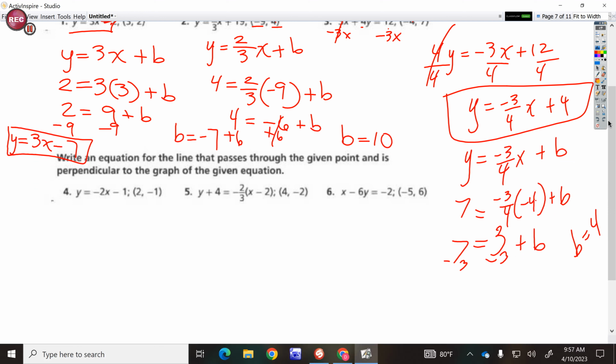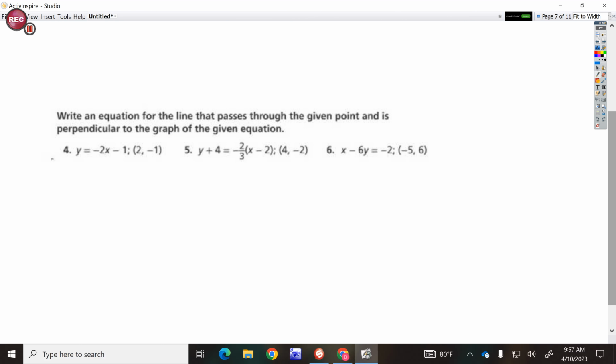Last 3 on the bottom here. The steps are the same here, except you can no longer use the same slope. You're going to use the exact opposite slope. So same steps here, y equals, but instead of -2, what are you going to change it to? 1/2.